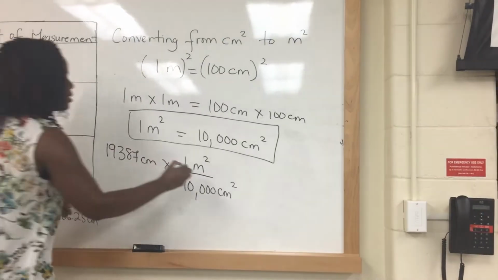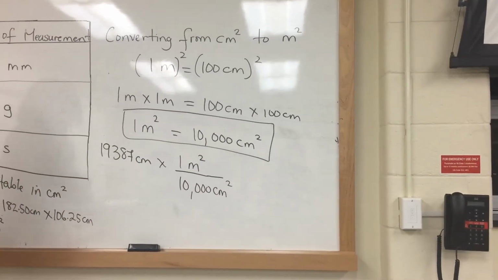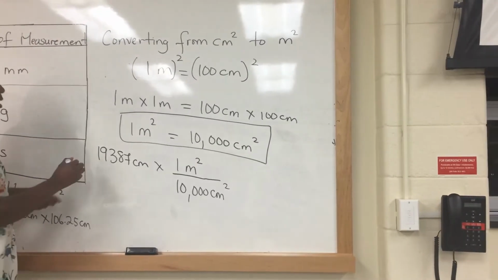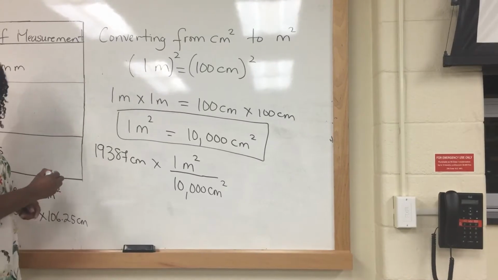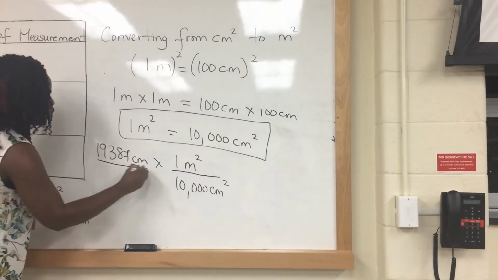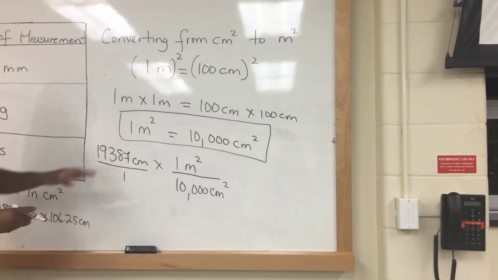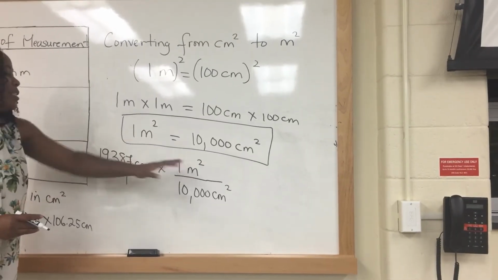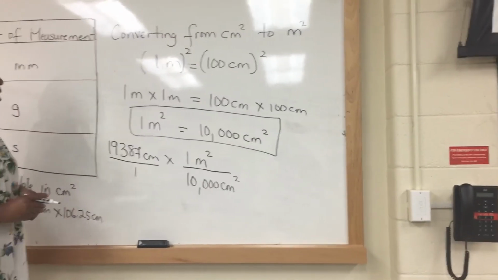All right, so basically it's as simple as multiplying and dividing. So you should recognize that 19,387 centimeters is in the numerator, and if you want to make sure, you can just put that number over 1. So here we're going to multiply what's in the numerator and then divide by what's in the denominator.